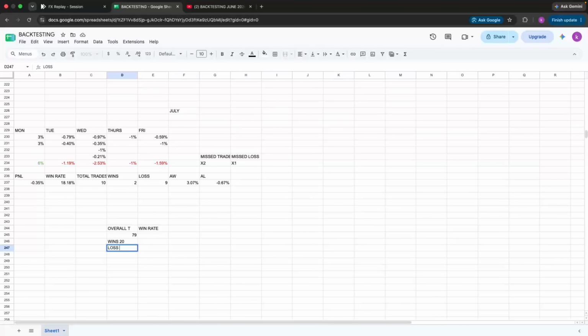Losses will just be 79 minus 20, which would be 59. So win rate would be 20 wins and 59 losses.